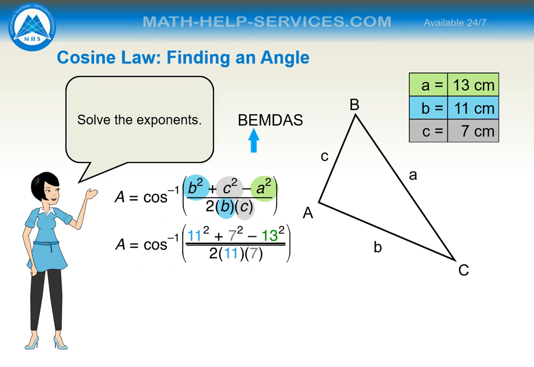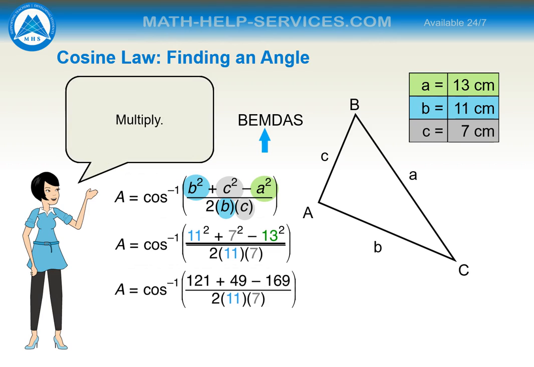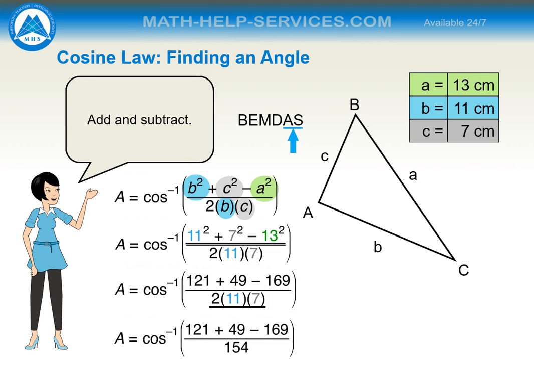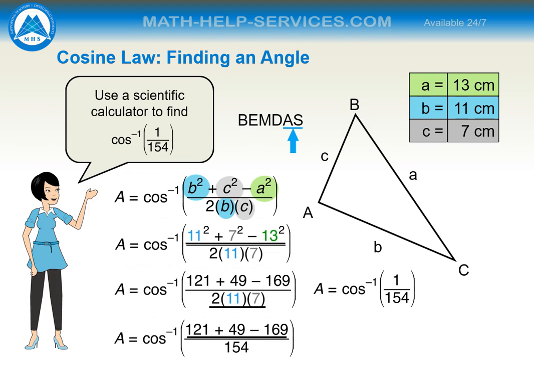We solve the exponents first, then the multiplication, then we add and subtract in the numerator, and finally we use a scientific calculator to find the inverse cosine of 1/154. And we see that it's 89 6/10 degrees.